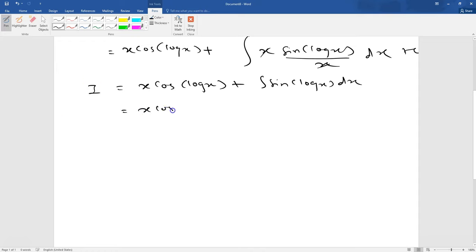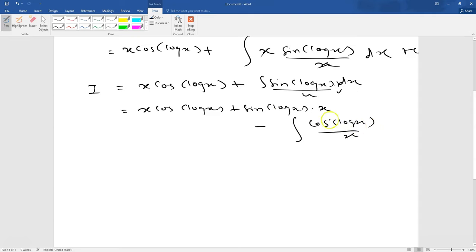So x cos of log of x plus the integration of 1 dx. But before that, we need to write this as u now, and then there will be 1, which will be v. So sine of log of x, the integration of 1 is going to be x, minus the integration of the derivative of sine log x, which will be cos of log of x upon x, times the integration of 1, which is x, dx.